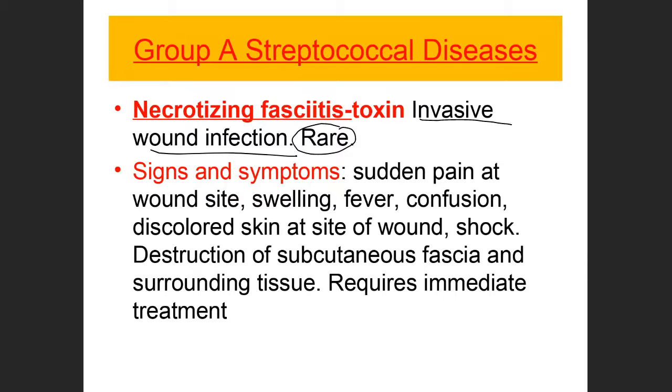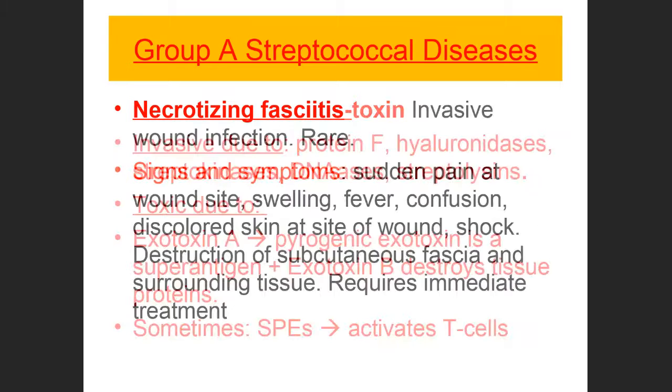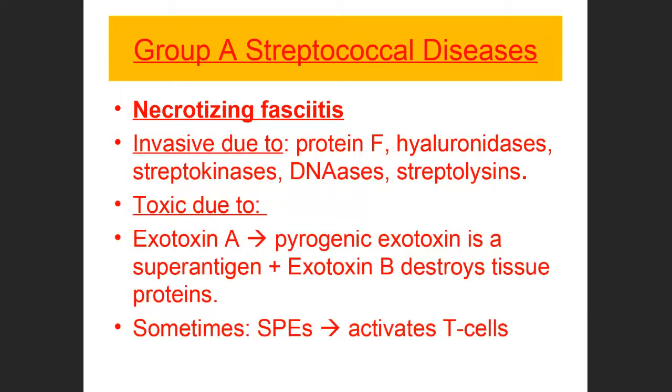You typically get it through some type of puncture wound in which the organism is introduced into the skin. You get sudden pain, swelling, fever, confusion, shock, and destruction of the fascia and tissue. It requires immediate treatment because all of these symptoms progress very, very quickly, within a matter of hours.